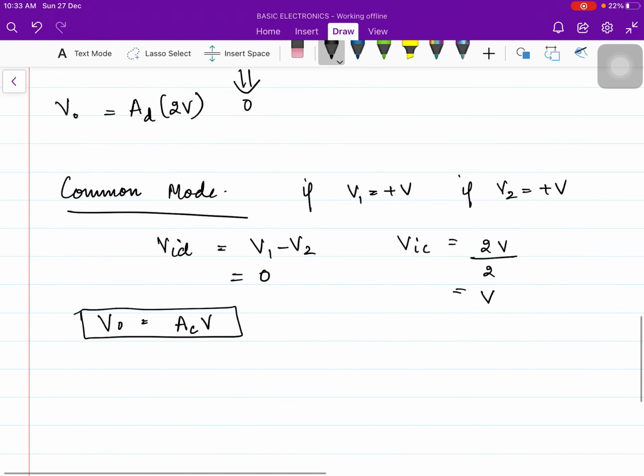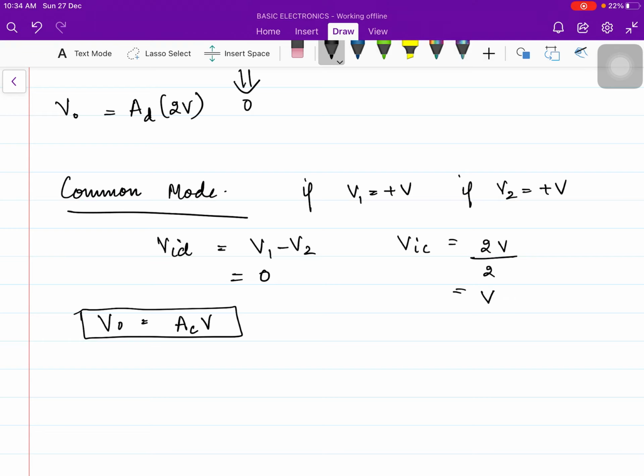So always remember that op amp has a tendency to slightly amplify the common signals. It is not 0, because when we talk about ideal it is 0, but practically it is very small. So op amp has the tendency to amplify the common signals to a very, very less extent, but op amp amplifiers greatly amplify the signals that are opposite in polarity.